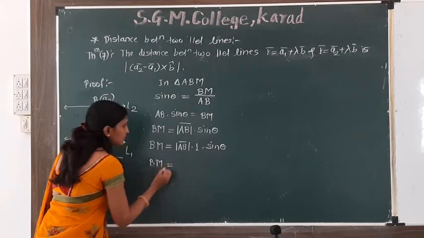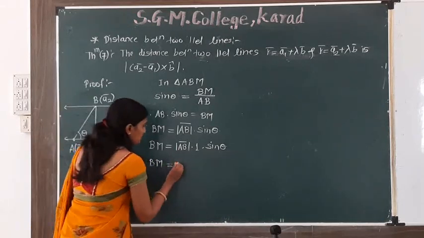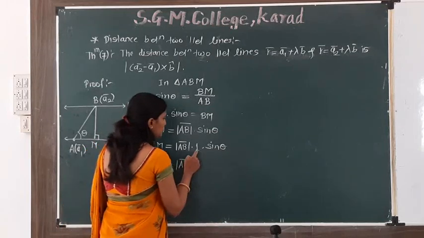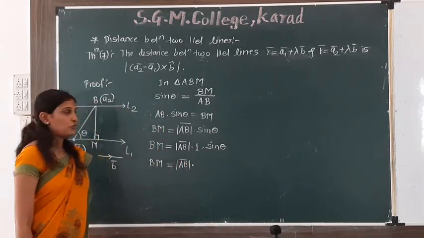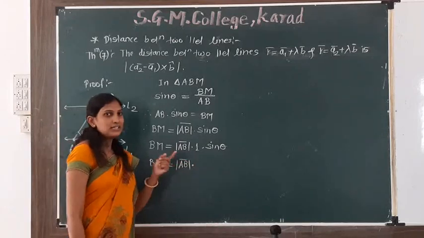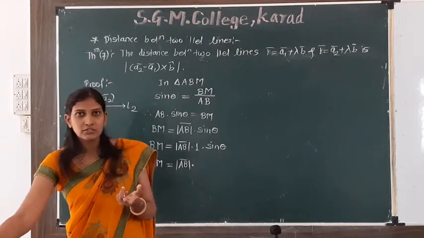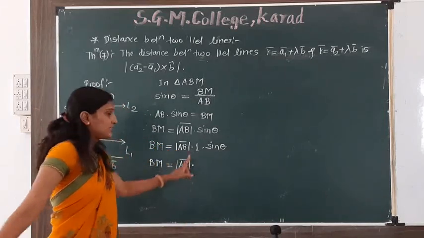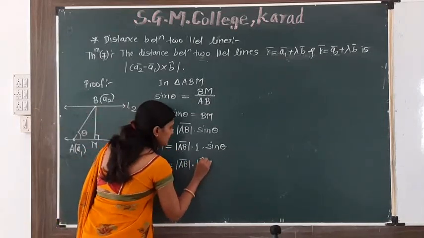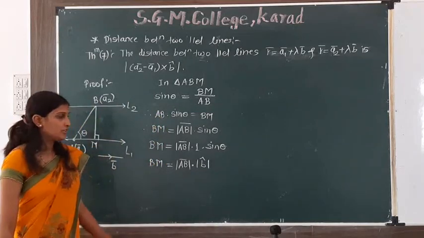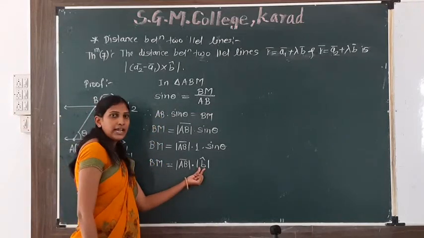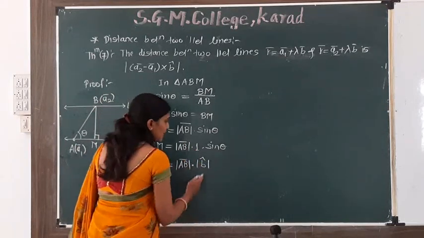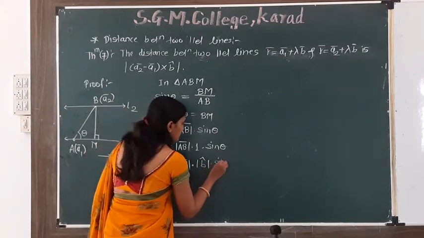What is the value of 1? 1 is the magnitude of a unit vector. Unit vector has magnitude 1. So we take here the magnitude of B cap. B cap is a unit vector and its magnitude is 1. So we take 1 as the magnitude of B cap into sin theta.